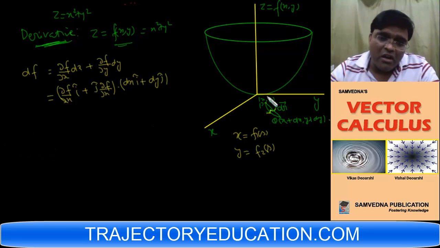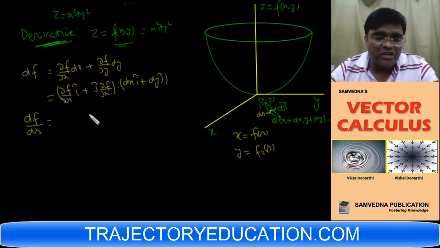So when you are moving from p to q, this length of curve is ds, and obviously your dx and dy will be functions of s only. x and y are functions of s, so dx and dy will be related to this ds.